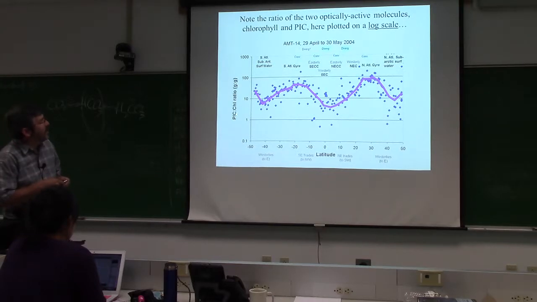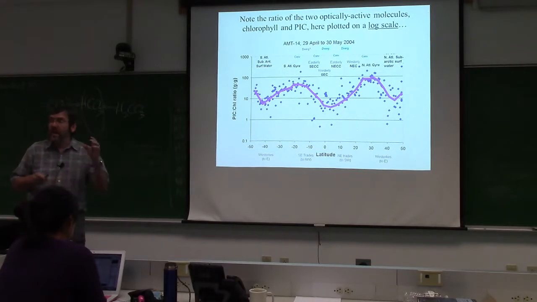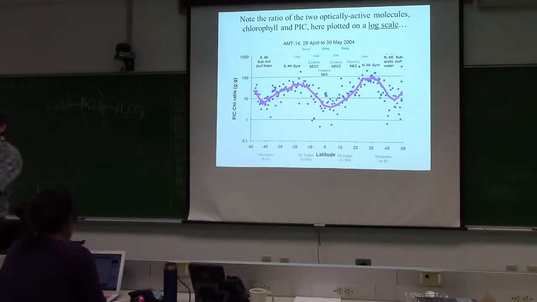The point I want to make is that as a ratio of PIC to chlorophyll, so you've got your primary absorbing molecule, chlorophyll, and your primary scattering molecule, calcium carbonate, in the central gyres that ratio is highest. There's the least amount of chlorophyll, and there's the most amount of PIC. So while you might think that the subtropical gyres are biological deserts, relatively speaking, there's a lot of calcium carbonate out there that's affecting the water-leaving radiance.